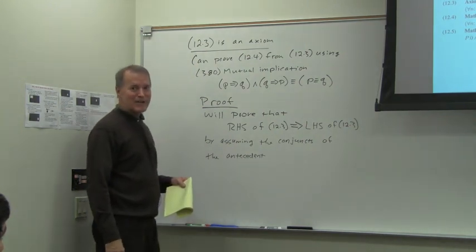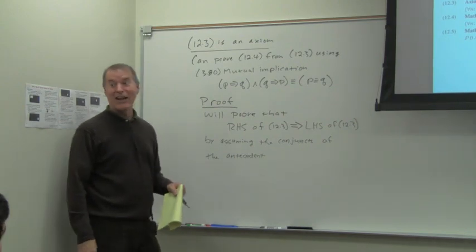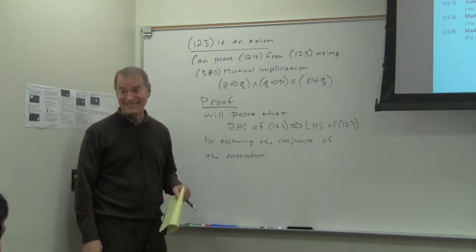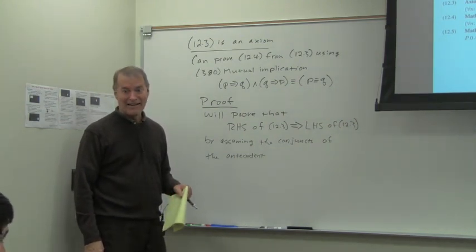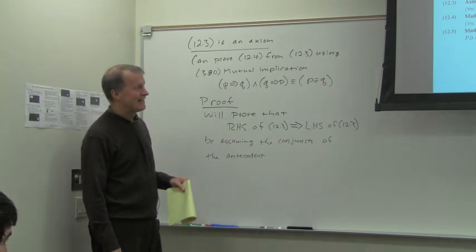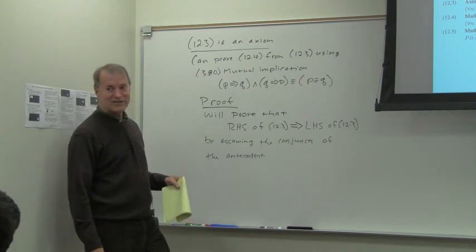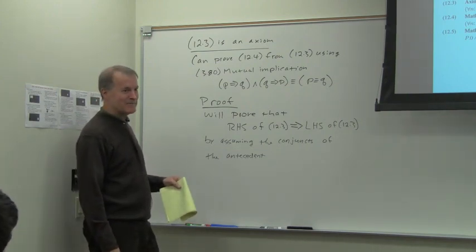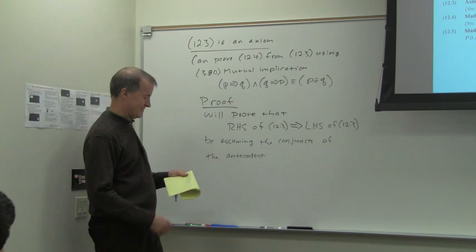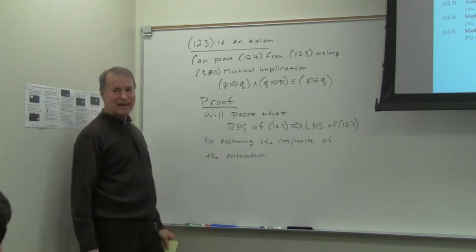No, there's not only one conjunct. There's a lot of conjuncts. There's n conjuncts, an infinite amount of conjuncts. Are you with me? You can assume any one of them.